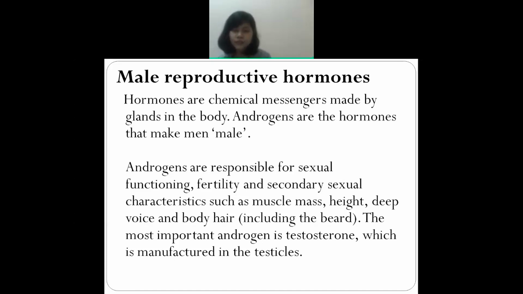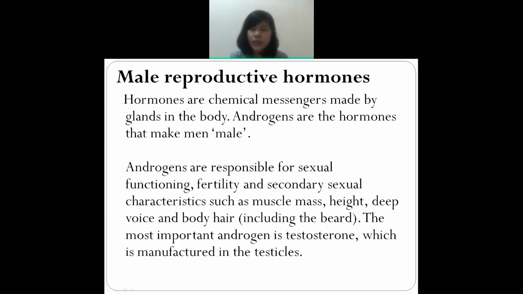They release progesterone, then estrogen, FSH, all these hormones, you remember? So same in the male reproductive organs also, some hormones will be released. What is the name of the hormones?